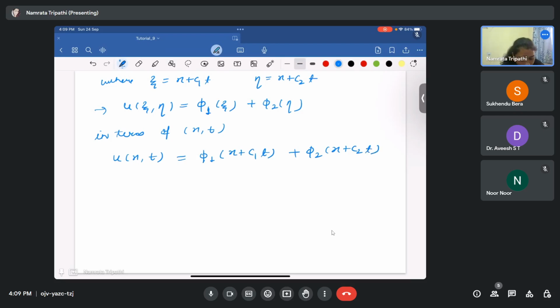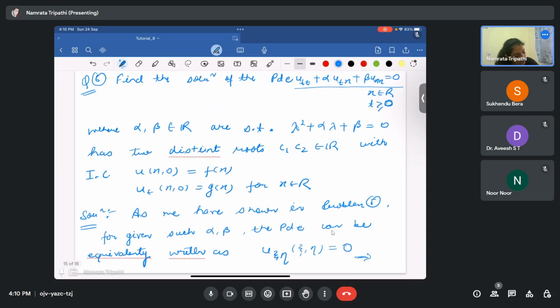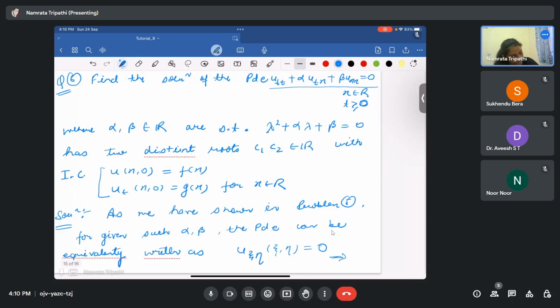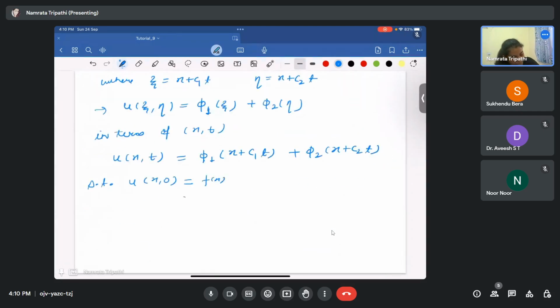Okay, with initial conditions such that, what is the given initial condition? u of x comma 0 is f of x, and ut of x comma 0 is g of x. Fine.